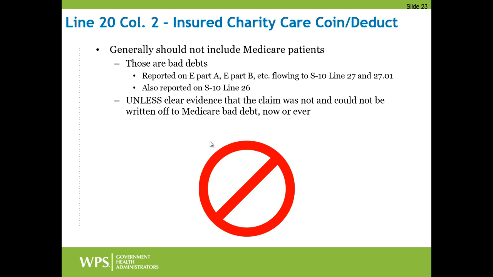We're going to see the bad debts again later on. However, if there was a Medicare patient that you did not collect from, and you did not and could not write that off as a Medicare bad debt, there's the potential for that to instead be reported as charity care.